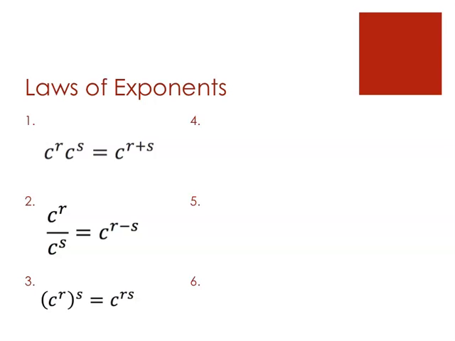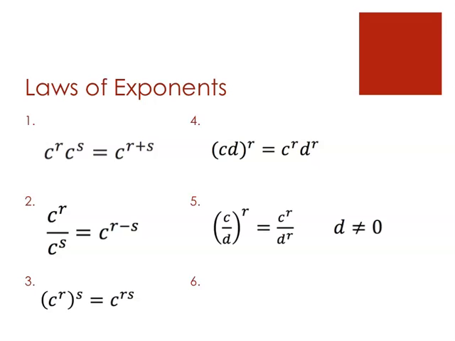All right, the fourth and the fifth one are related to each other, or similar to each other, in that if you have something in parentheses, say c times d, both raised to the r power, you would raise each of those to the rth power. Same with number 5, if you have c over d, it's all in parentheses, raised to the r power, that means both c and d are each raised to the rth power.